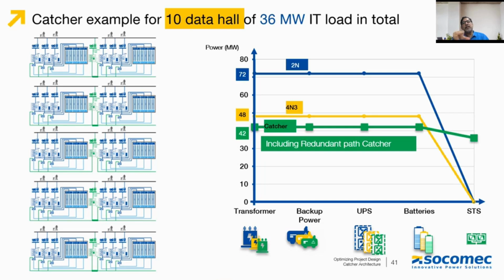And this will include the catcher components, what we saw in the earlier slide, which look like an additional component. So when you compare the capex and the installed capacity, the transformer, the backup power, the UPS, and the batteries all appreciably get optimized in this configuration compared to the conventional 2N and 4 and 3 architectures that are followed, right?